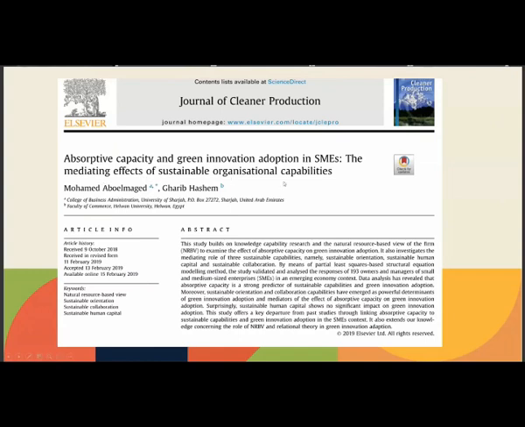So from just now, I asked you to scan through the abstract, right? In the abstract, you can see that this paper investigates the mediating role of 3 sustainable capabilities. Their boundaries: they are looking at sustainable orientation, sustainable human capital, and sustainable collaboration.